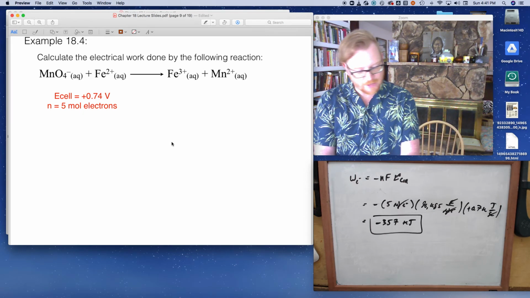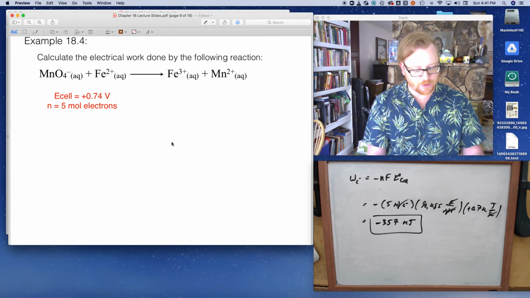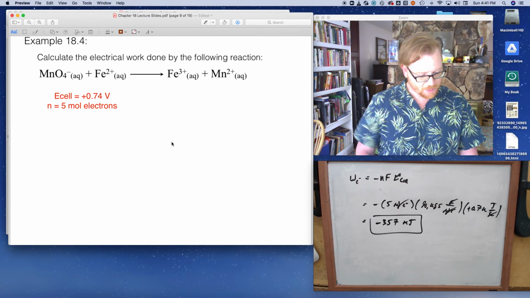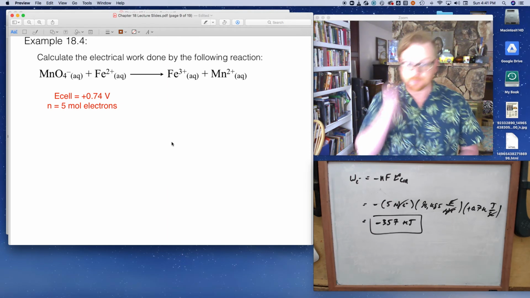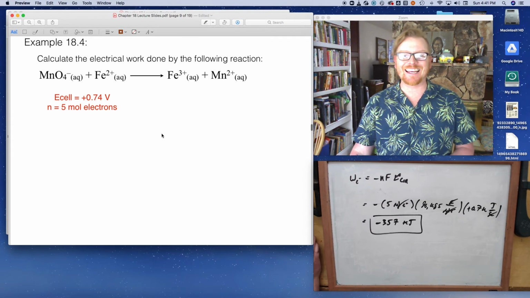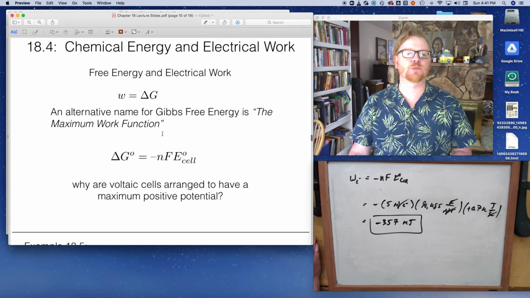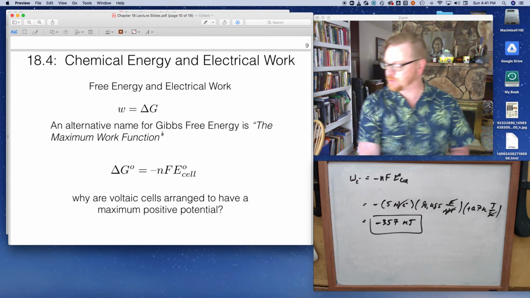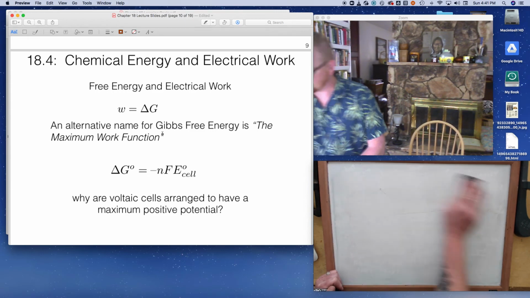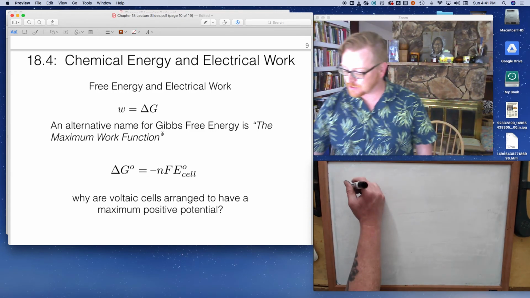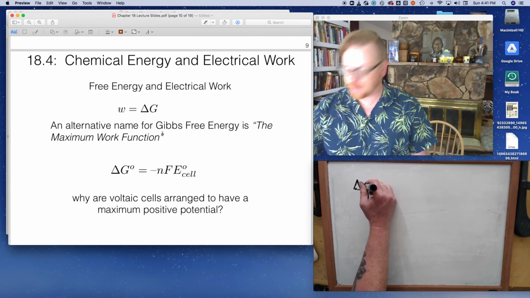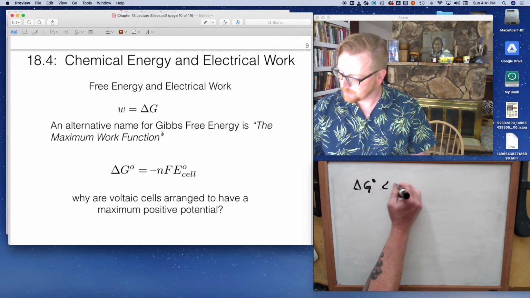All right? And so the final piece of information that I want to move on to is connecting E cell and Gibbs free energy. So remember Gibbs free energy, right? Remember that thing? For a spontaneous reaction, the Gibbs free energy must be negative.